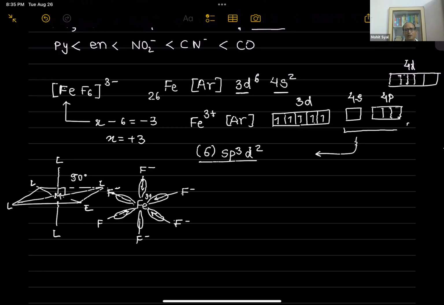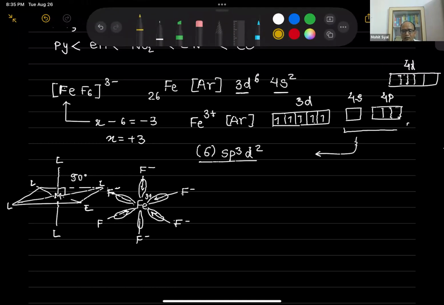Yes, sir. And you will have an octahedral complex. In this, you can show these F minus electrons by different symbols like this. These are the pairs of electrons.